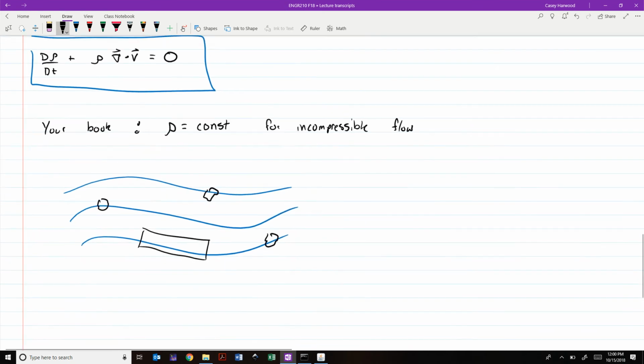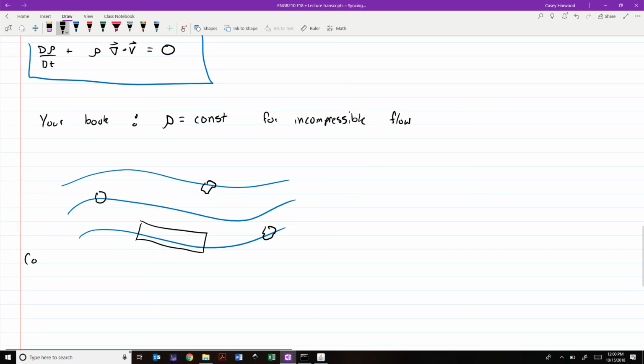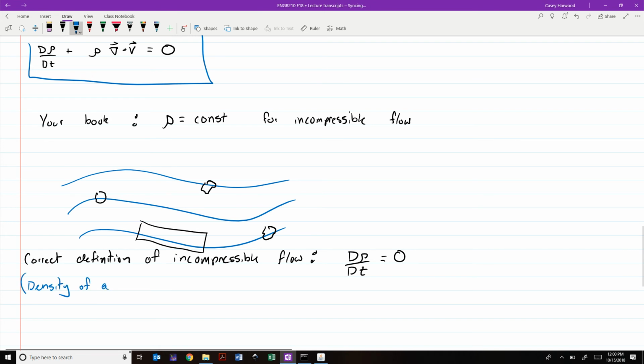So a correct definition for incompressible flow is one where we say D rho dt is equal to 0, simply saying that the density of a particle remains constant.